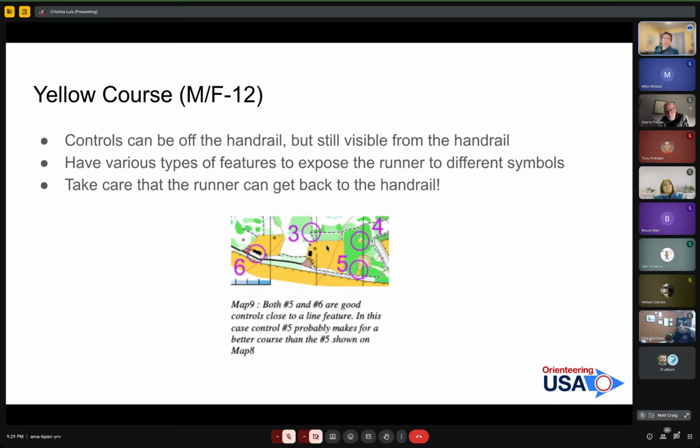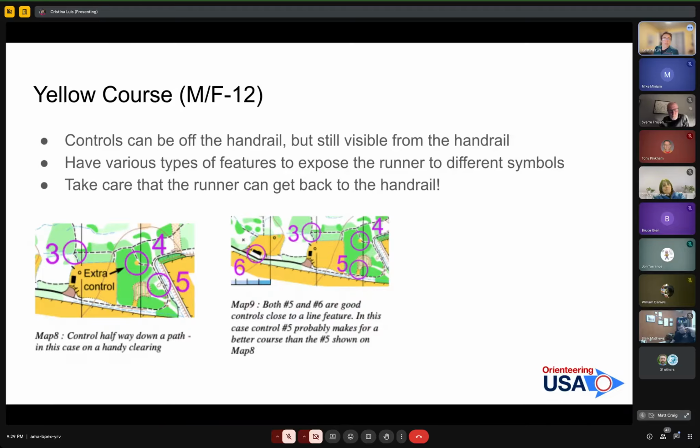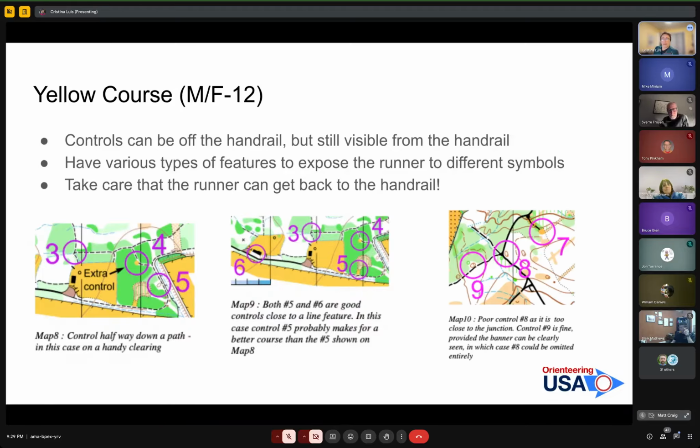One final consideration: make sure that if they have to go off the trail to punch, when they come back, they can easily be oriented properly. So it shouldn't be from a confusing location, like 8.